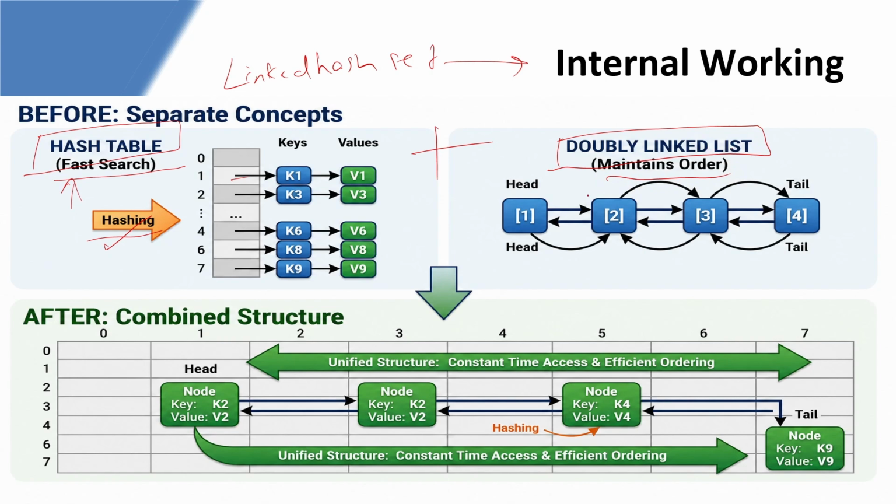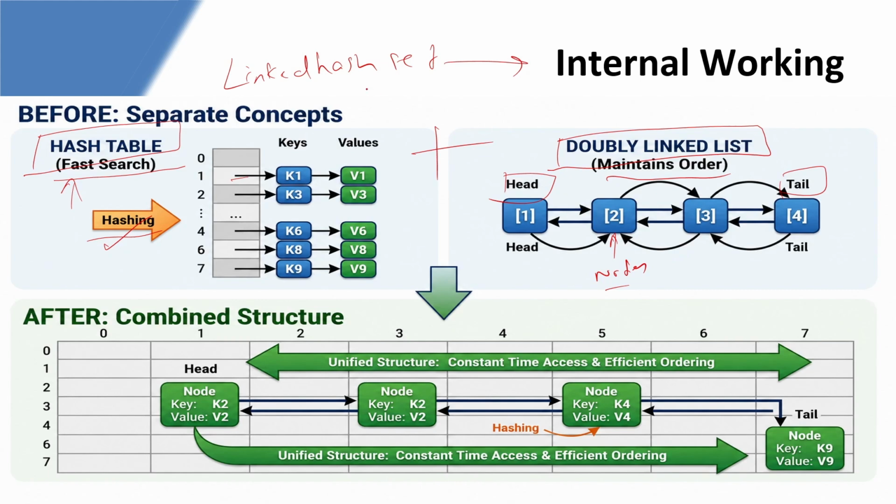In the topic of data structures and algorithms, we will see in detail how it works. Head will be there, tail will be there. These are the nodes. How to traverse the nodes, how to insert, how to delete, and how to search, those operations we will see as part of data structures and algorithms.